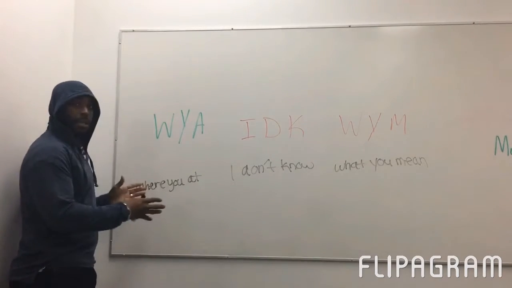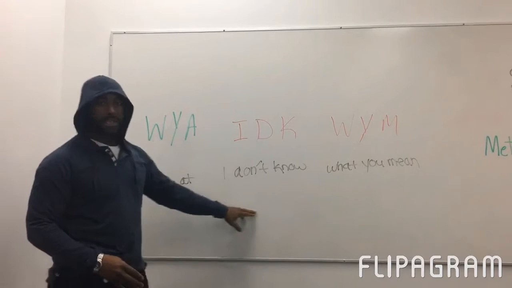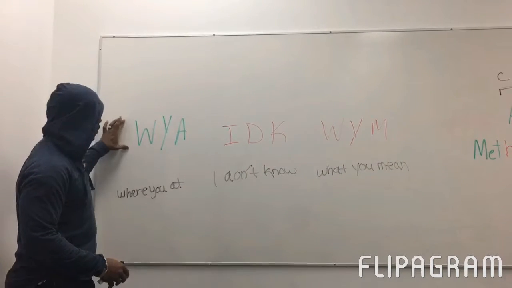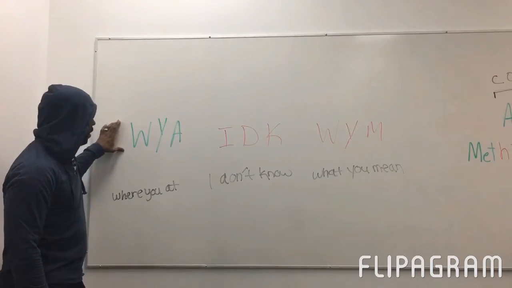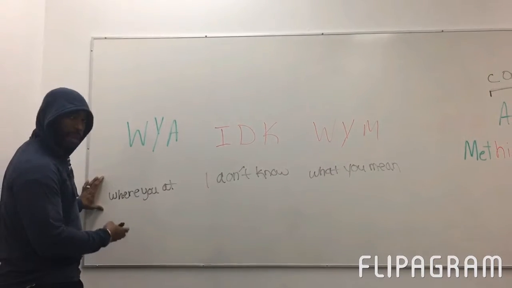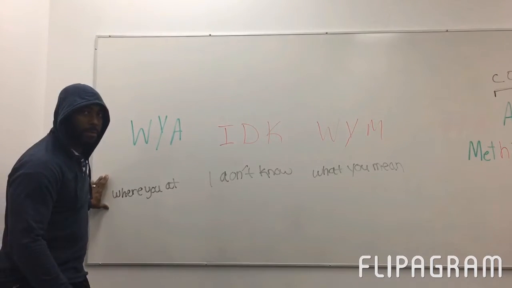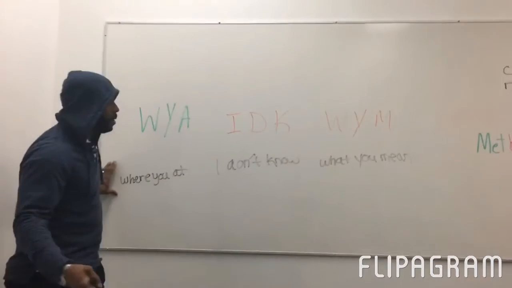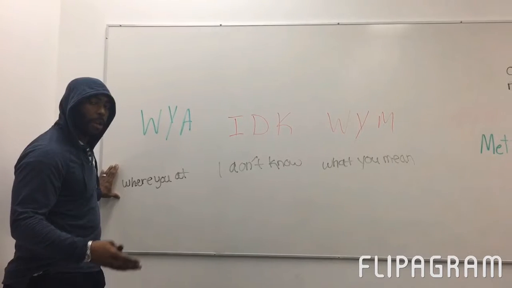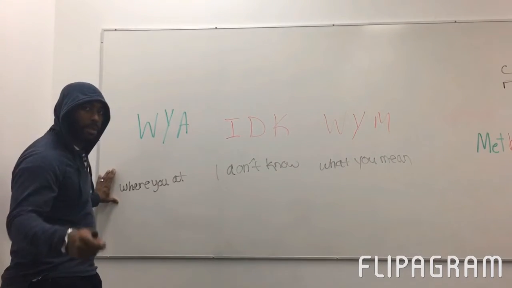Now, we're taking these three statements and we actually can create a sentence out of taking these letters, going from there to here, and then we actually can have a kind of a broken sentence. Where you at? I don't know what you mean. And that's our statement. And that's the same way that codons translate into proteins.